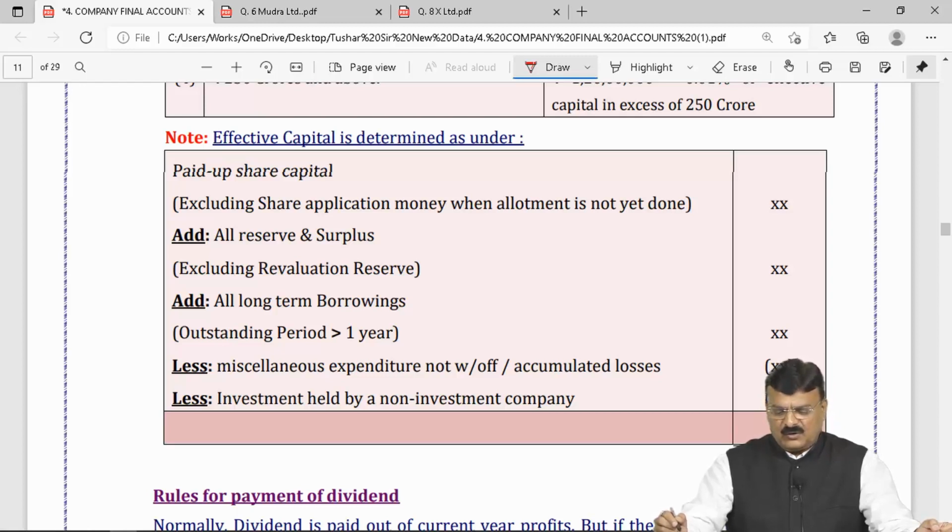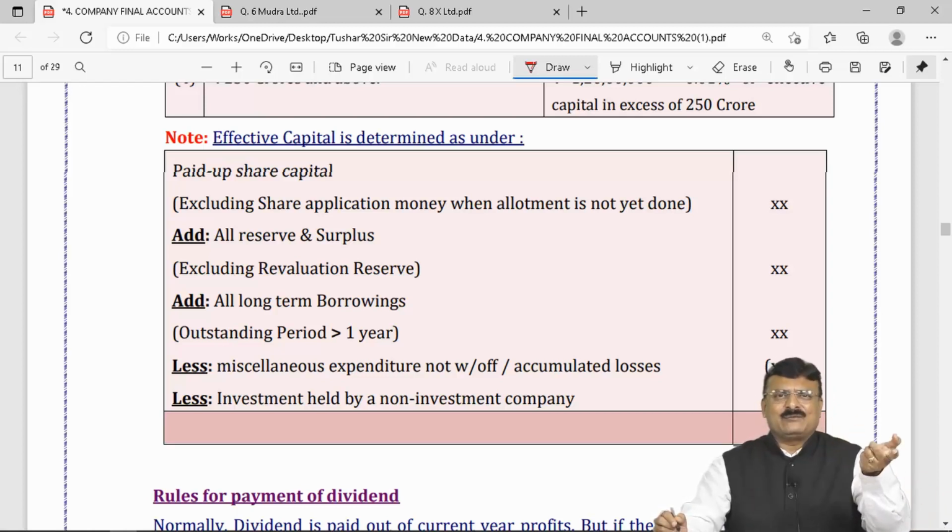Add all long-term borrowings, less miscellaneous expenditures which are not written off, like accumulated loss, and less investments held by a non-investment company. A company whose main objective is not to do investment.